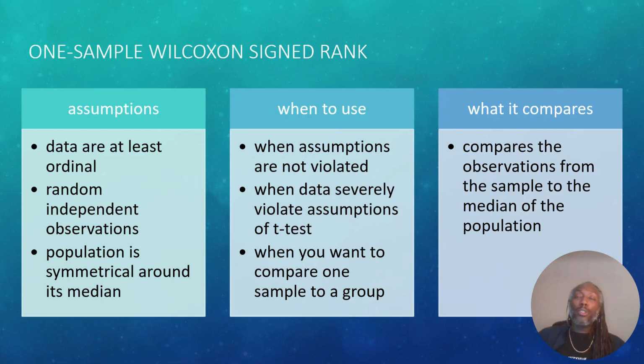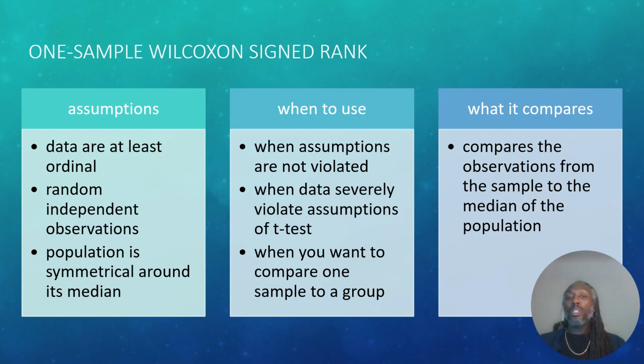And with respect to the distribution of the data, the only thing we really need is that the population is symmetrical around the median. So you could have a bimodal population, you could have a multimodal population, but as long as it is relatively symmetrical around the median, so the right half sort of looks like the left half if you split it at the median, our assumptions are supported, and we can use this one sample Wilcoxon Signed Rank test.